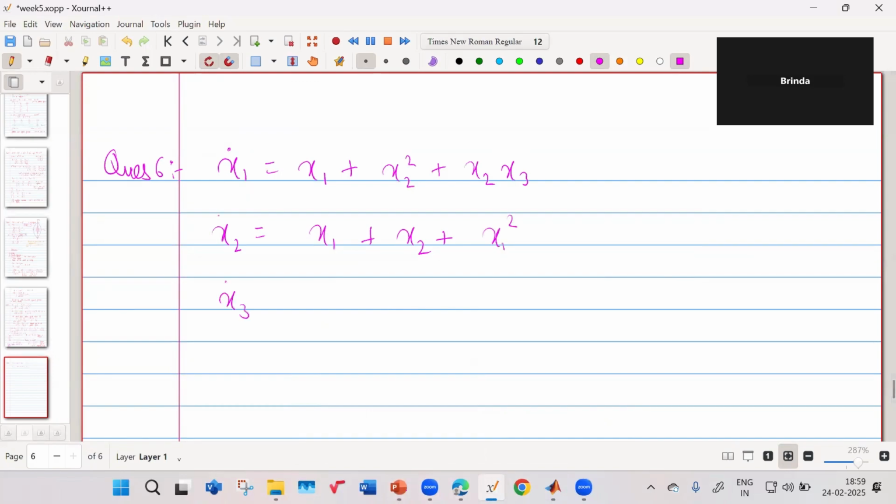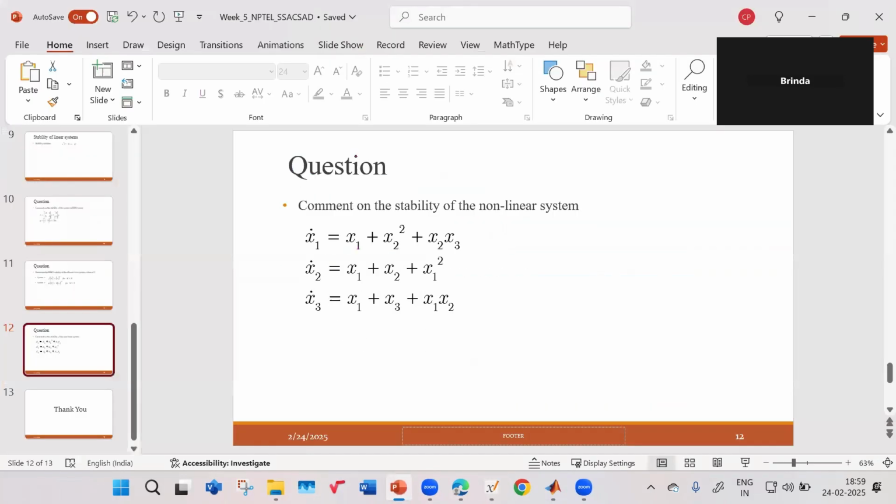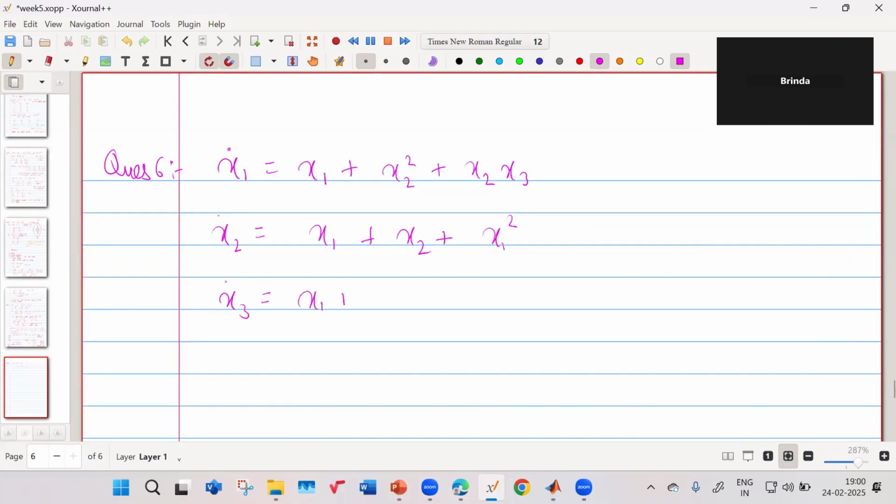And x3 dot is equal to x1 plus x3 plus x1 into x2. So is this system linear or non-linear?